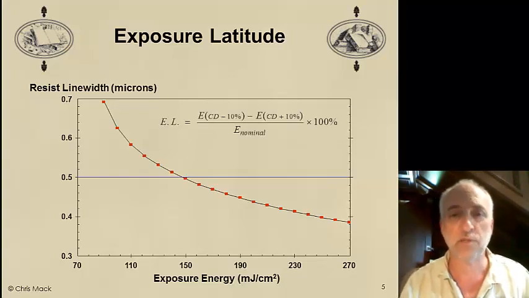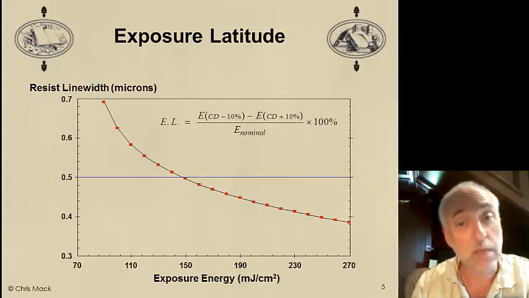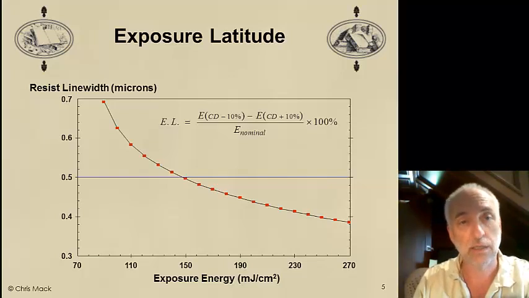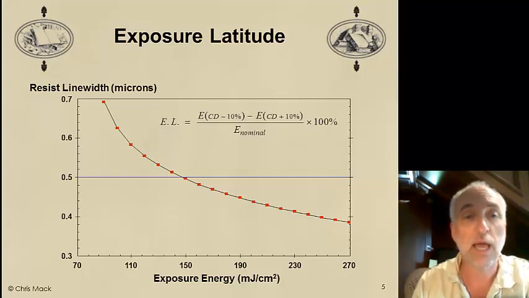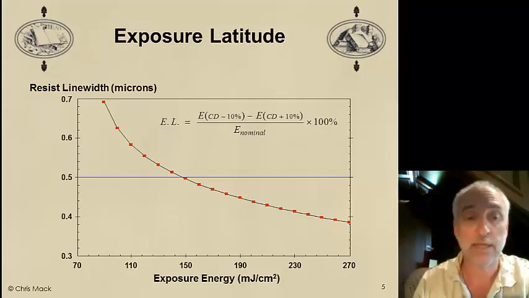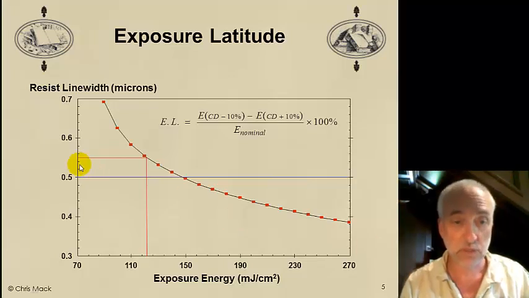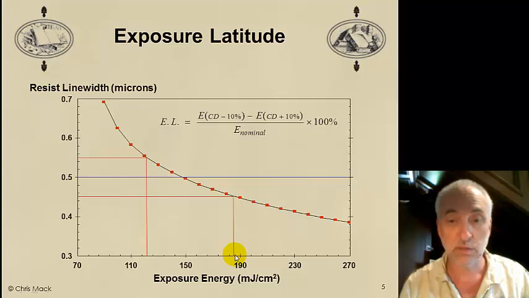We often define something called the exposure latitude, since it is typical to spec our feature sizes as requiring plus and minus 10% control. That is 3 sigma specifications of plus and minus 10%. I can go to my CD plus 10% here, read off the exposure dose that produces that, the CD minus 10%, read off the exposure dose that determines that.